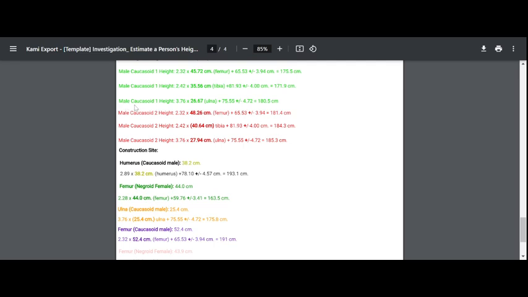So for the male Caucasoid 1 height, when using the ulna length, we have 3.76 times 26.67, okay? And remember, 26.67 is the length of the ulna, plus 75.55 plus or minus 4.72, which is 180.5 centimeters.